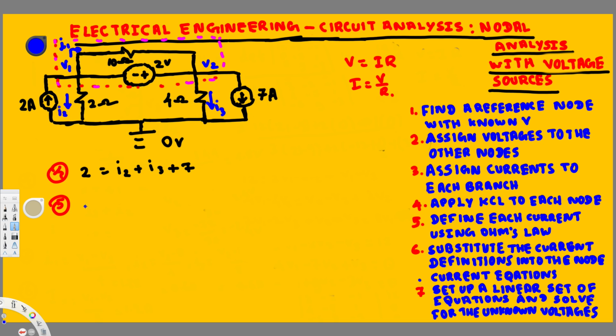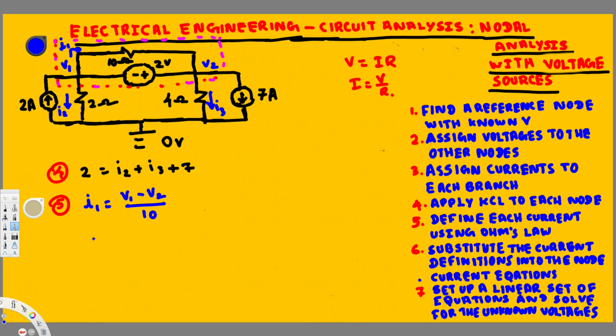Let's go ahead and find this for each current. Let's start with I1. I1 is starting from V1, right? Wherever it starts, that's going to come first. So since it's starting from V1, we put V1 first. It's going from higher potential to lower potential, right? So V1 minus V2, and the resistance in between is 10.